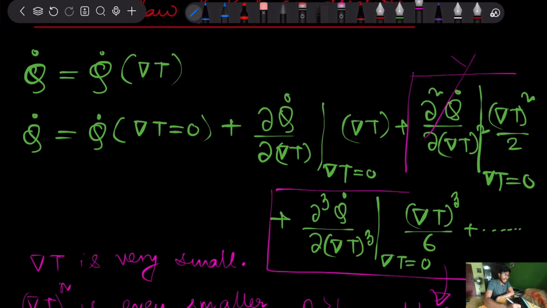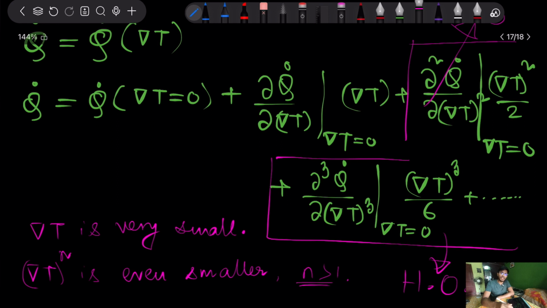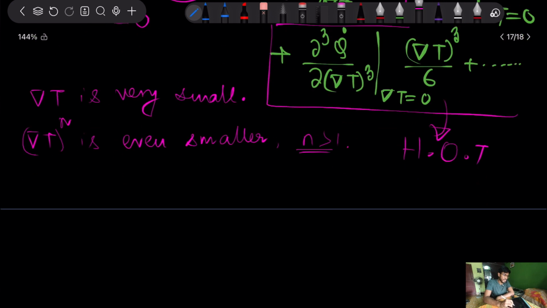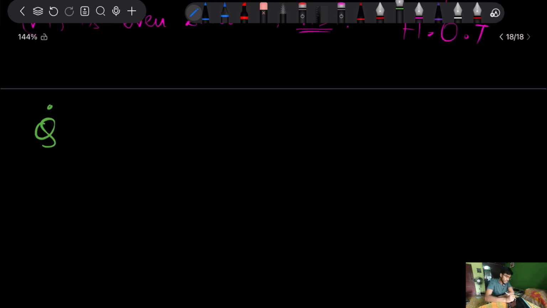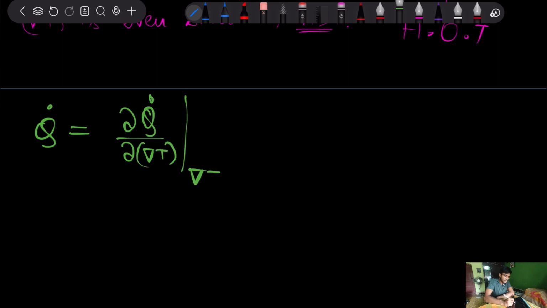And from our daily life experience, the zeroth term is equal to 0 because there is no temperature difference. Then I can simply write q dot is equal to del q dot by del grad T at grad T equal to 0, into grad T.